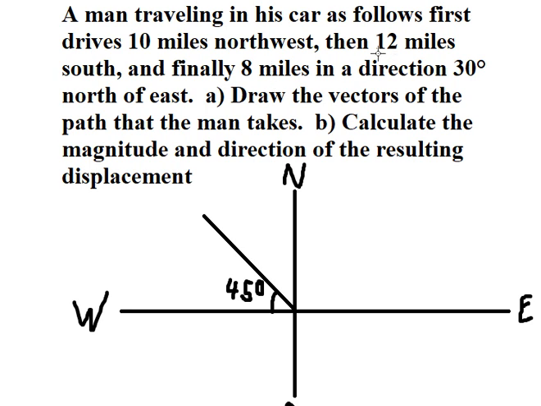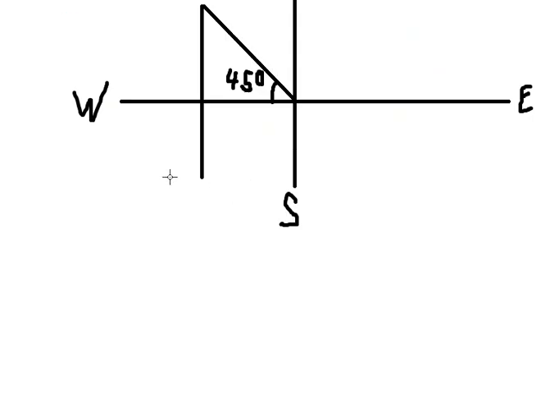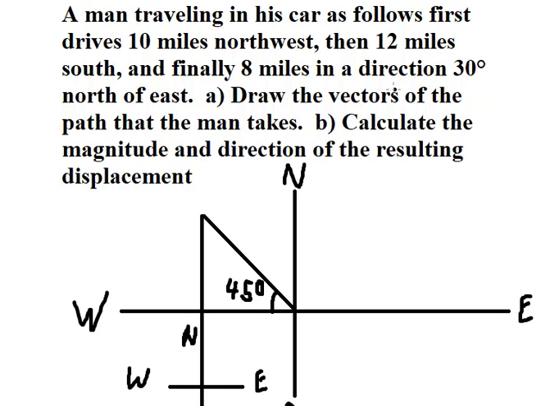Later, they will go 12 miles south. Going south, that's it, they go in this way. And the next one, we have 8 miles in the direction 30 degrees north of east. So if I put the location in here, we have 30 degrees north of east.